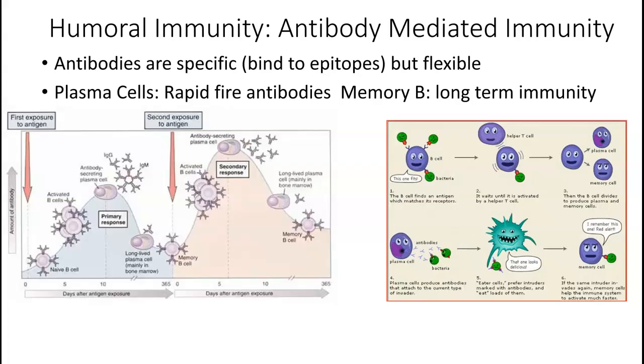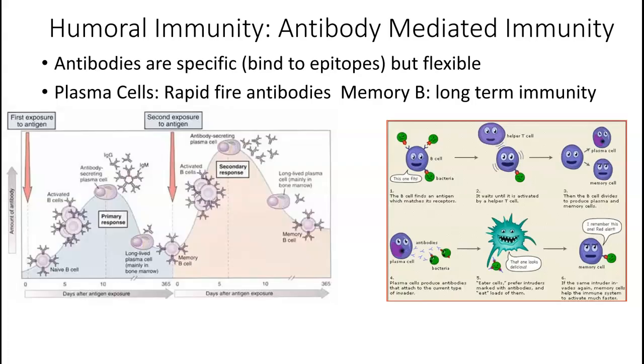Because we have those memory B cells that have been hanging around, they're going to immediately recognize that antigen, and that secondary response is going to be bigger and faster. Now, the good news is that the antibodies also get even better at fighting their job. So hopefully, if we see that pathogen again, our body is going to be able to mount a very good response to hopefully keep us well, or at least to keep us out of the hospital.